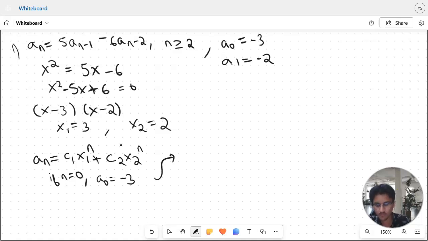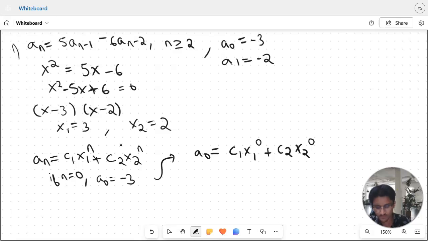So we go further and say a of 0 equals c1 x1 to the 0 power, plus c2 x2 to the power of n, and n in our case is 0.